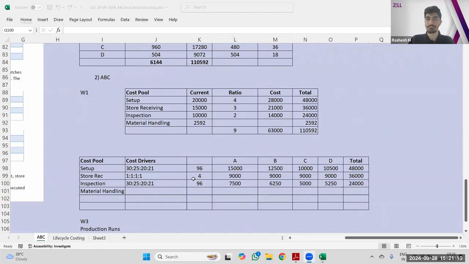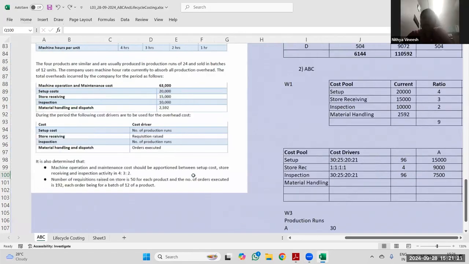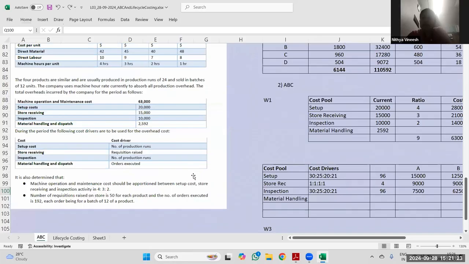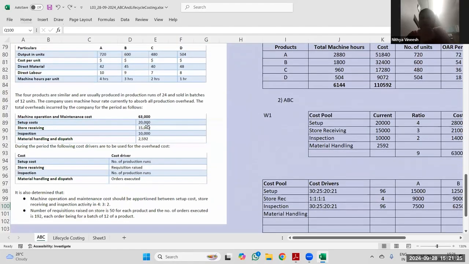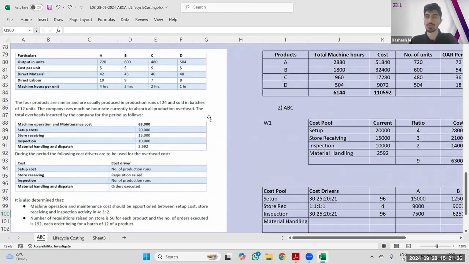Harshita, let's just get there. Sir, how is the store receiving ratio 1:1:1? Sorry, come again. The store receiving, how did that ratio come? So what do you think? What's your guess what the ratio should be?